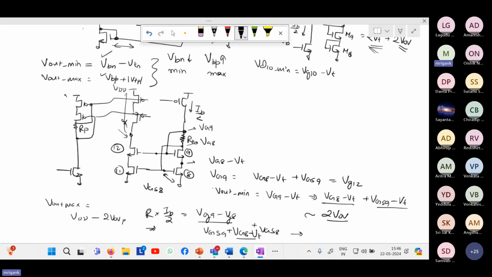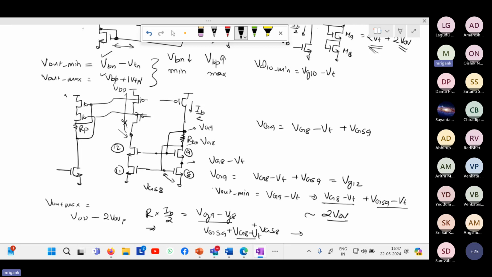Wait a minute. So VG9 minus VG8, right? If I look at the minimum condition, VG9 is going to be equal to VG8 minus VT plus VGS9.